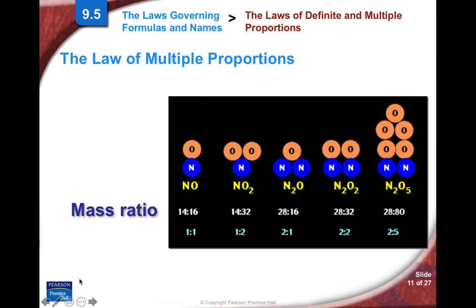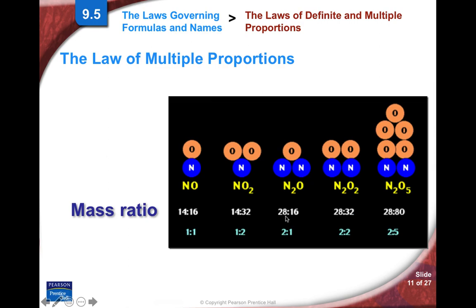So if you look at this one, you'll see that the first compound, nitrogen monoxide, is 14 to 16: 14 grams of nitrogen for every 16 grams of oxygen. And then we go to the next one, nitrogen dioxide, 14 and 32. Pretty easily you can see they have the same mass of nitrogen, and that the masses of the oxygen are simply multiples of 16.